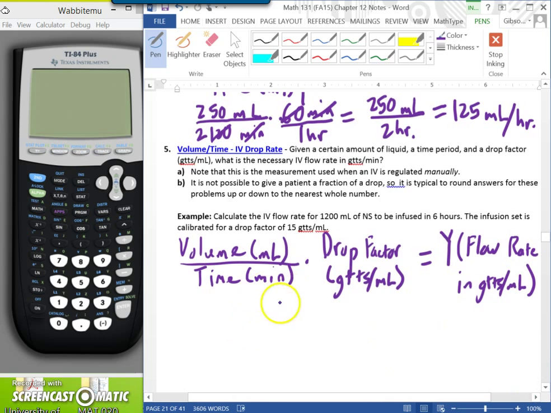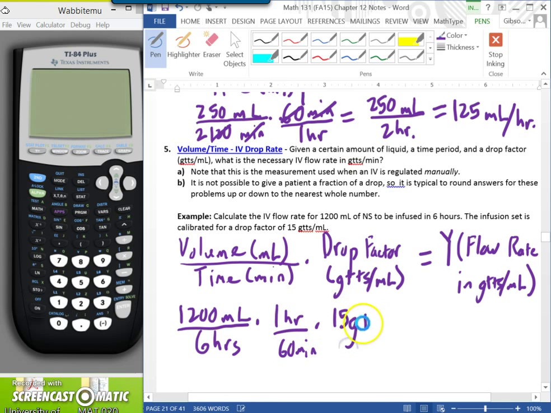Now we want to substitute in for the values. We had 1200 milliliters divided by, we were given 6 hours. We know we have to change those hours to minutes. So it's 1 hour for 60 minutes. And then we will multiply it by the 15. Well, actually, this is what I want to do. Instead of having the slash ml, I would have it divided by 1 ml.